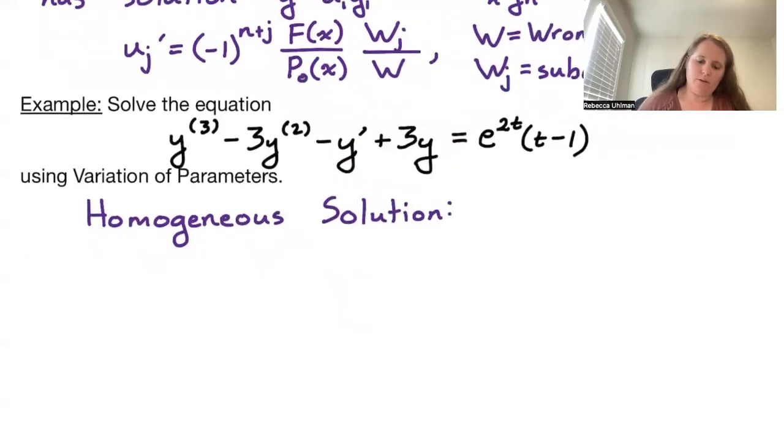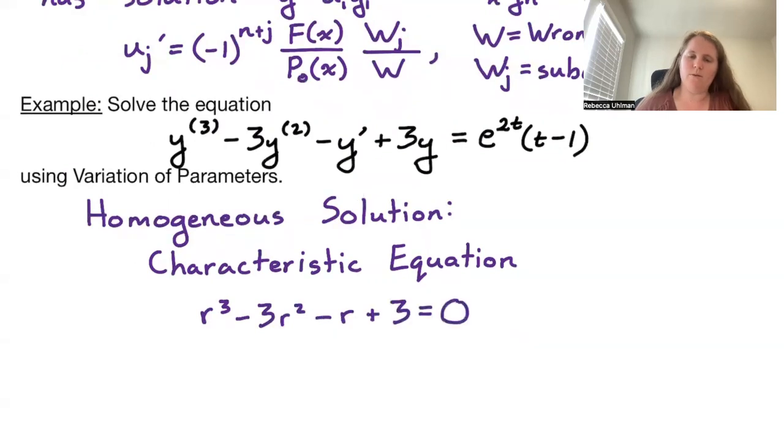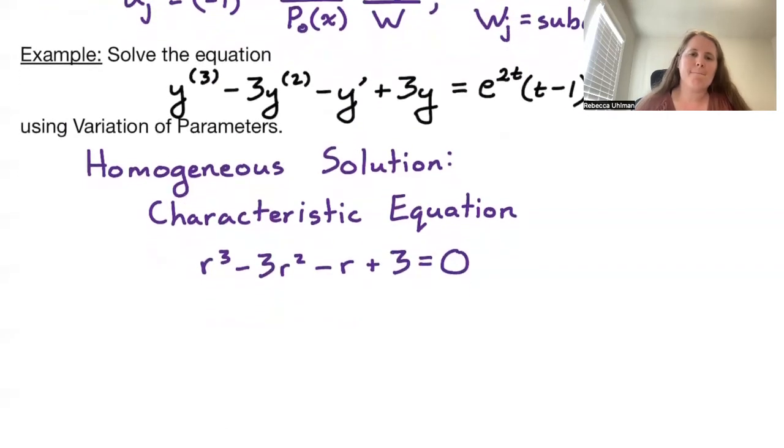So we have characteristic equation. R cubed minus 3r squared minus r plus 3 equal to 0. This we can run factor by grouping.